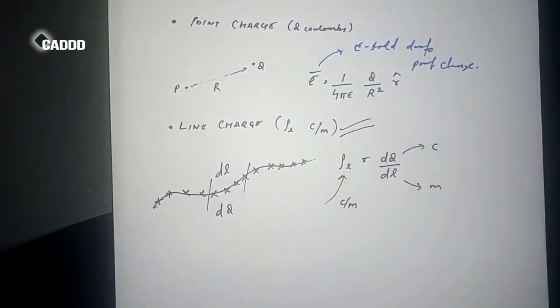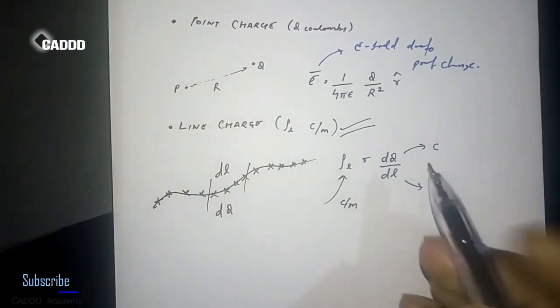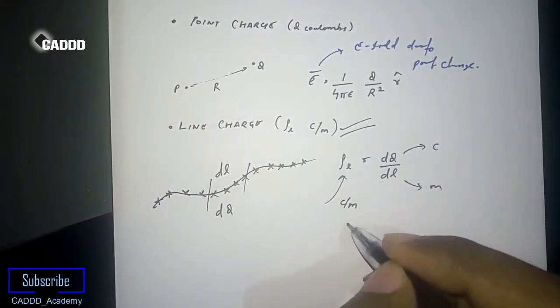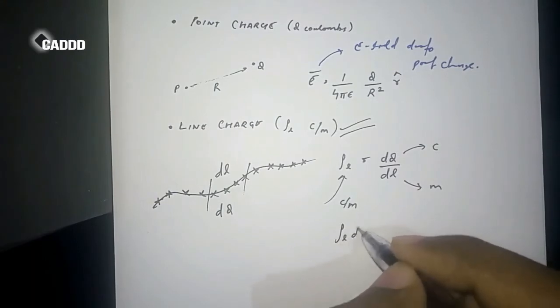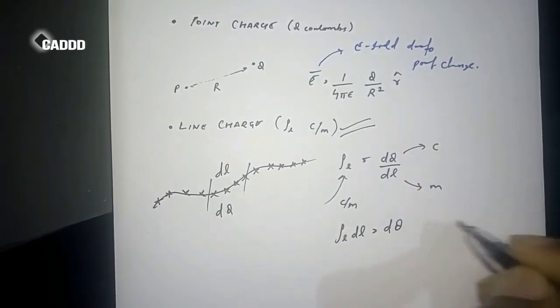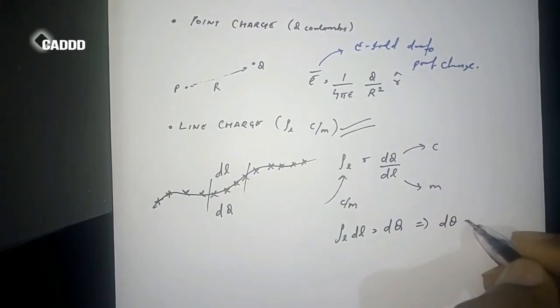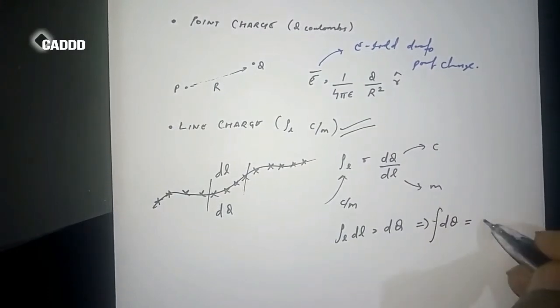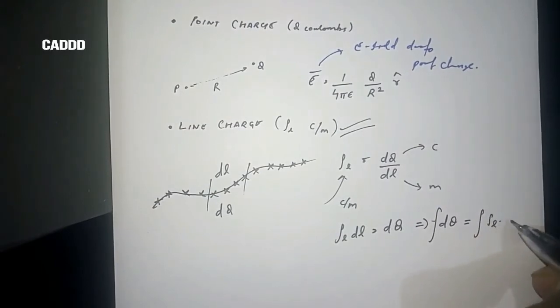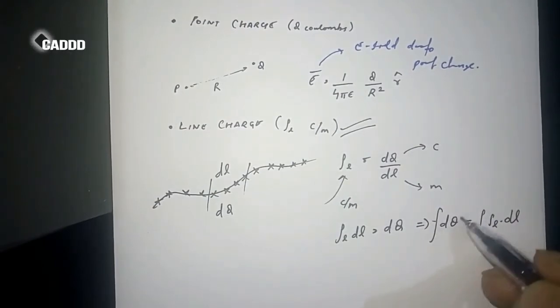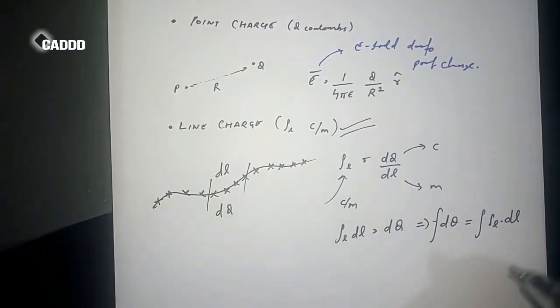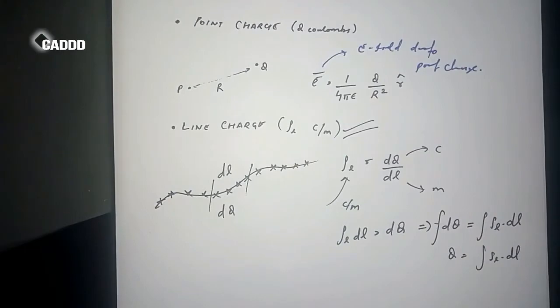So rho L dl is equal to dq. Let's integrate both sides: q is equal to the integral of rho L dl. This is the value of q.